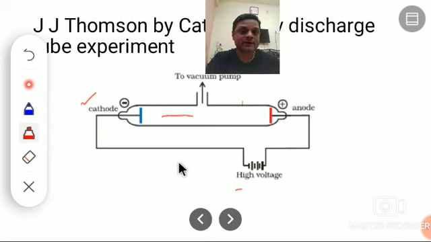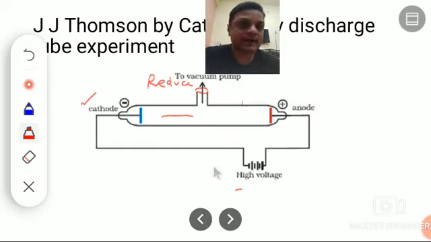He saw that. Now, at a certain point of the experiment, he reduced the pressure in that gas tube. If you reduce the pressure, a vacuum is created. At high voltage and reduced pressure, he saw some movement, a discharge of particles from cathode to anode.